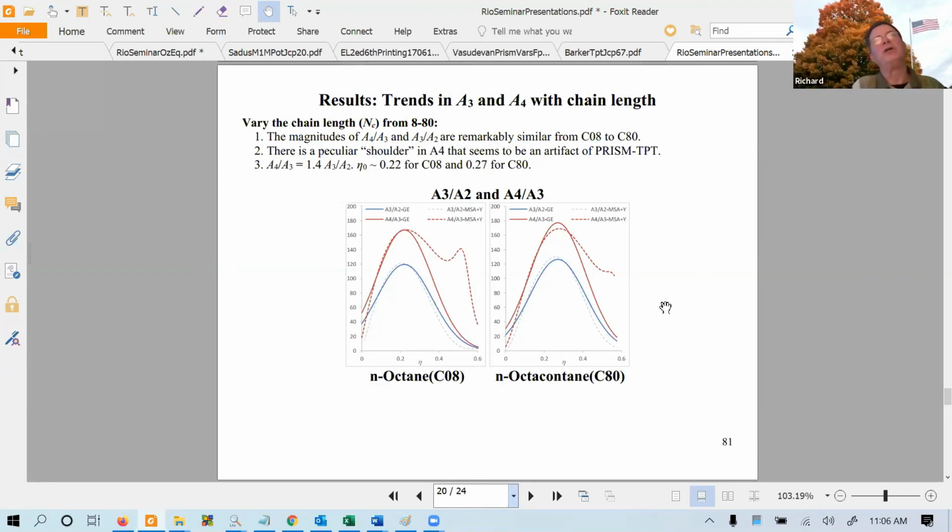And so at very high densities, why should this extra curve be here, especially for octane and not so much for octacontane? For the second one, we have something maybe at higher density.